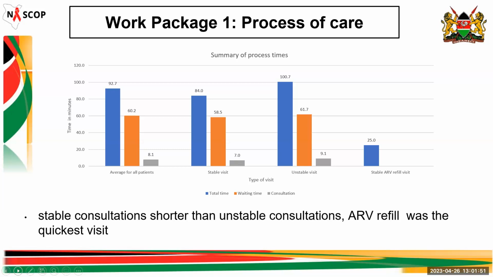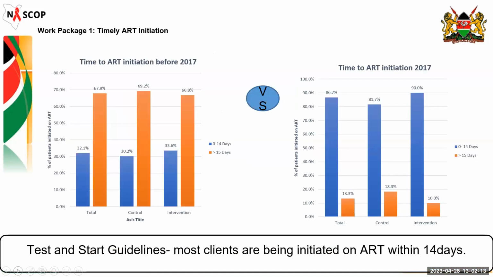But it also reflected for us the contact time the clients have with the clinician for consultation. How then do we improve our processes to ensure that the time the clients are in facilities is more taken up by contact with the healthcare worker? I'll discuss this as we get to the end and what it meant.